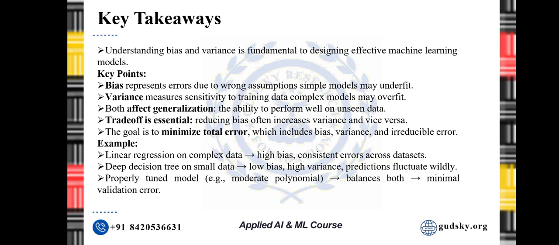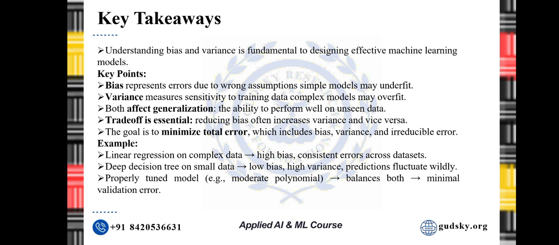So, the key takeaways. Alright, let's summarize everything we have learned today. Our key takeaways from the bias variance trade off and overfitting: bias means error from overly simple assumptions, and causes underfitting. Variance, error from model sensitivity, causes overfitting. The goal is to minimize both bias and variance for the lowest total error.